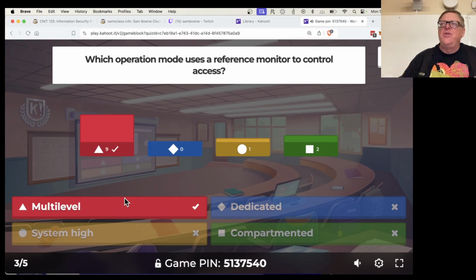You have multiple levels of users and multiple levels of objects all in the same system, and you trust the computer to sort it out. It's much more convenient, so everybody uses it at all these corporations, but of course it tends to have failures. And the only exception I know to this is cryptocurrency companies that often claim that they have an air-gapped wallet for their reserve of money. And yet there are several cases where they successfully hacked that thing, so it wasn't really air-gapped as well as it should have been.